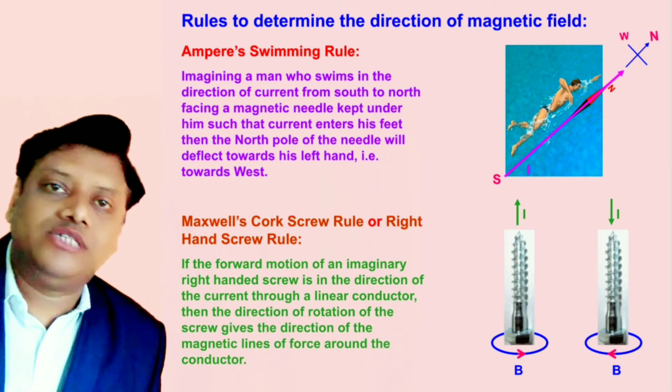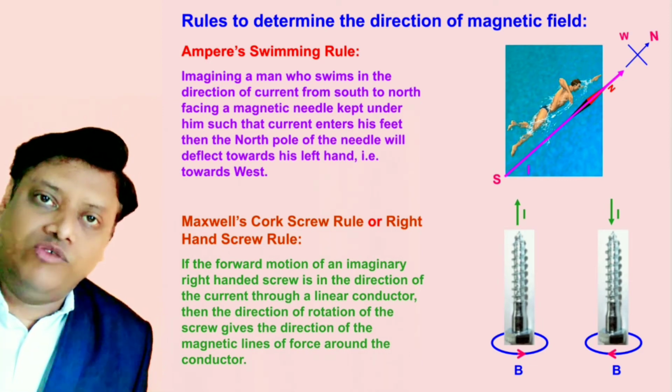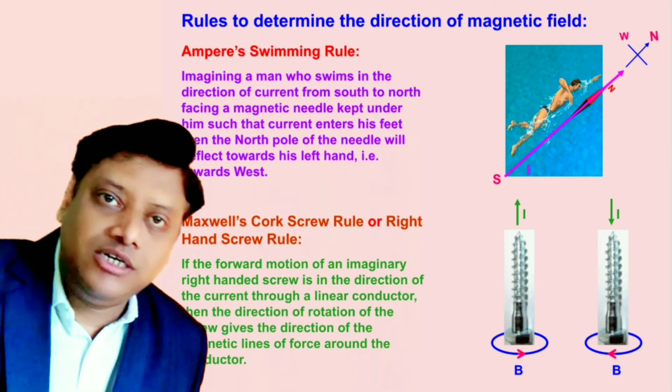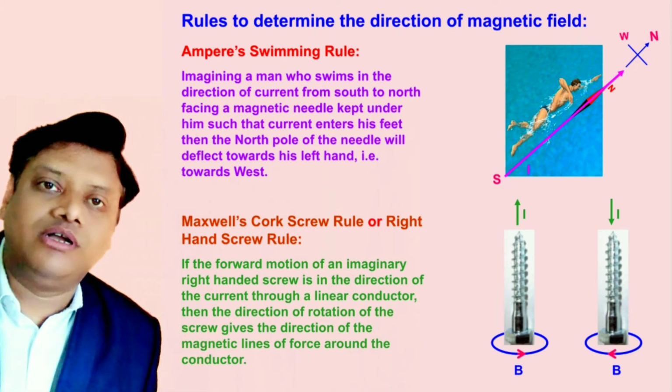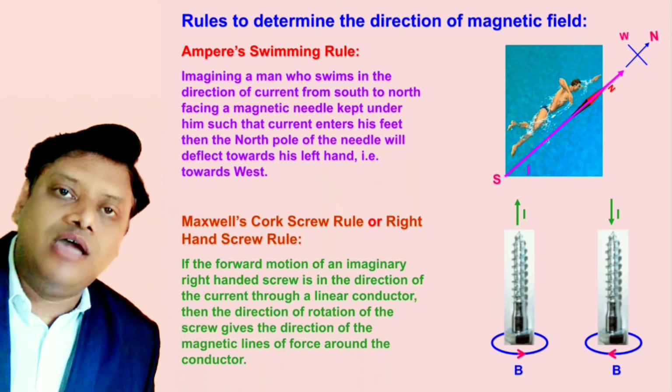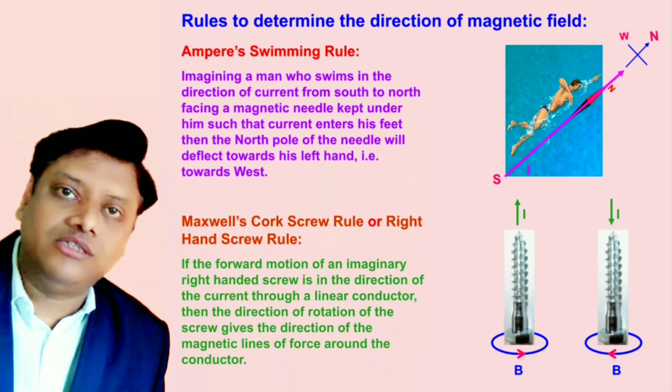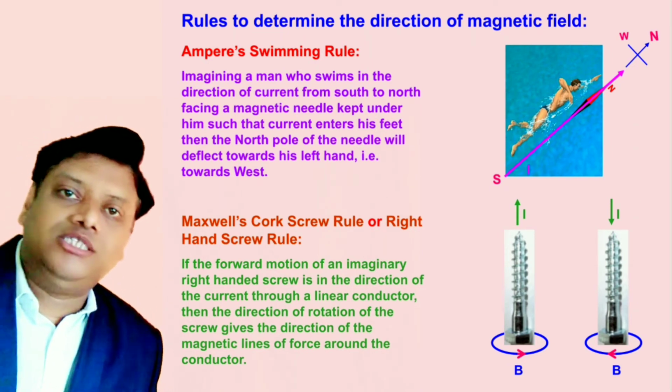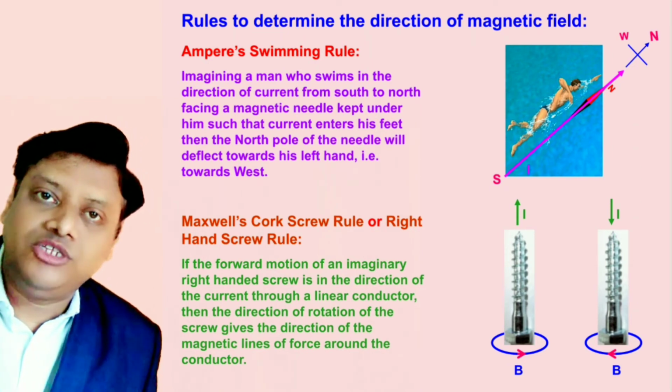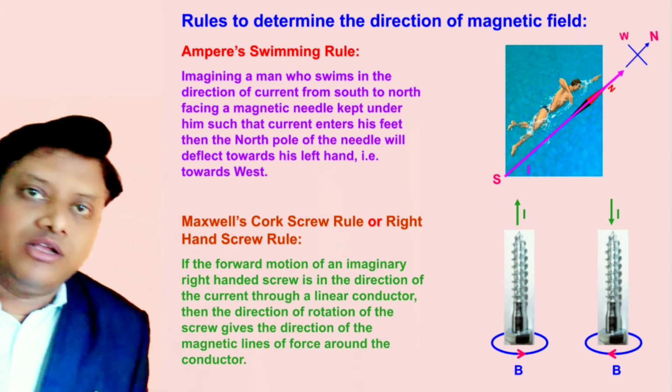First, imagine yourself swimming over the wire, facing the wire and in the direction of current. That means the current is entering the south and leaving the north. We imagine that we are swimming over the wire with the face towards the wire and in the direction of current.